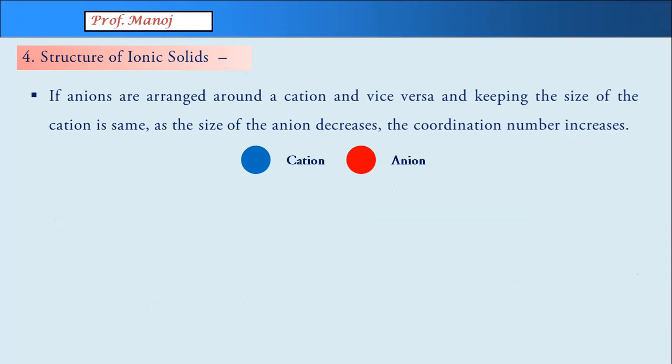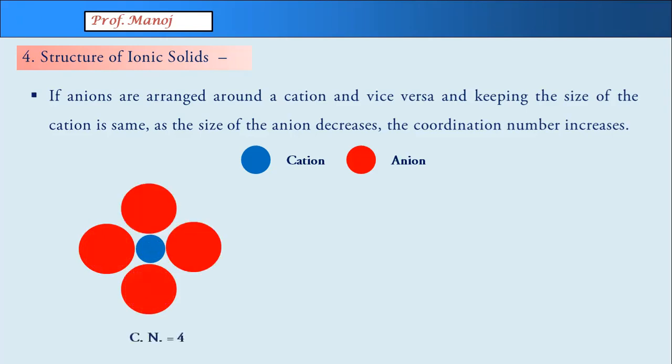So for consideration, I'm keeping cation size fixed and I'm changing different anion sizes. So if I consider perhaps a very large anion like this, its coordination number would become 4. Now imagine that instead of such a large anion, I take a smaller anion.